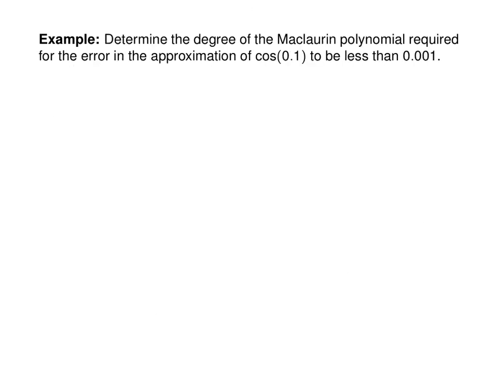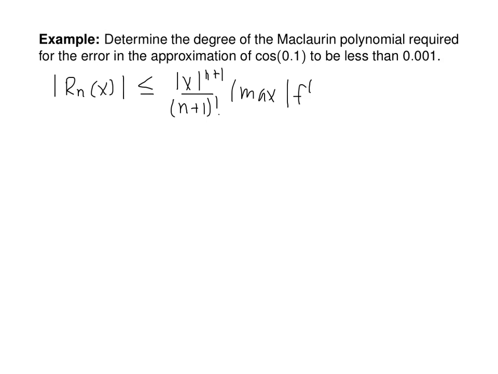And the last example, we are going to determine the degree of a Maclaurin polynomial required for the error in the approximation of cosine of 0.1 to be less than 0.001. So our theorem says that the absolute value of the remainder is less than or equal to x to the n plus 1st power over n plus 1 factorial multiplied by the max of the absolute value of the n plus 1st derivative.